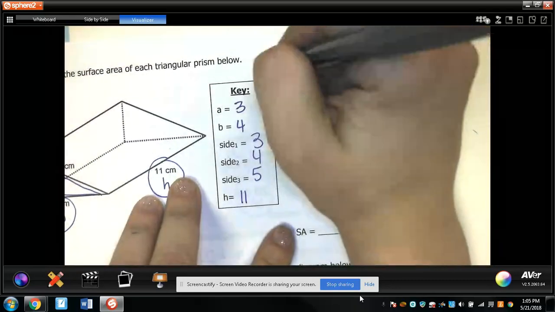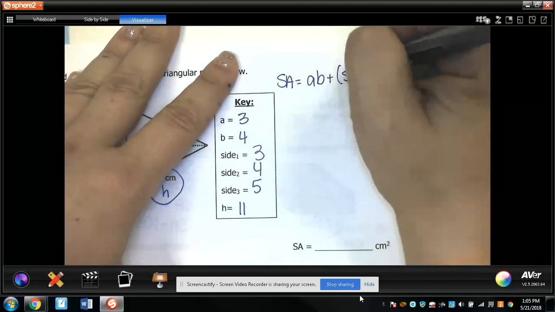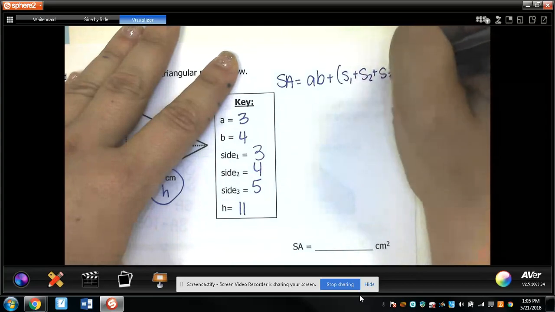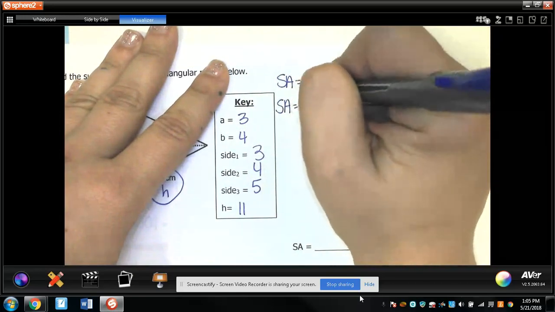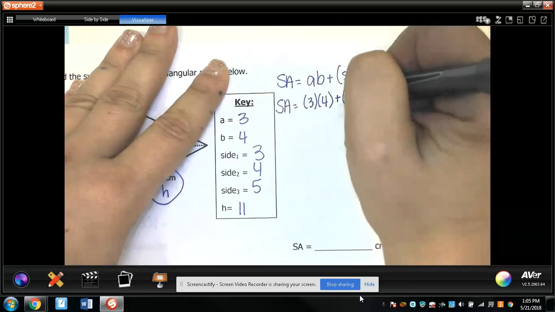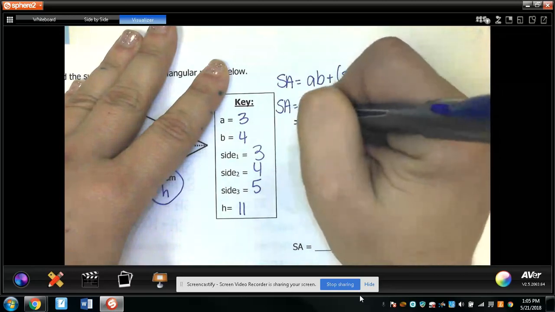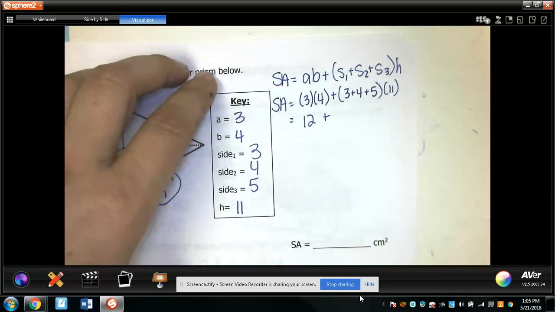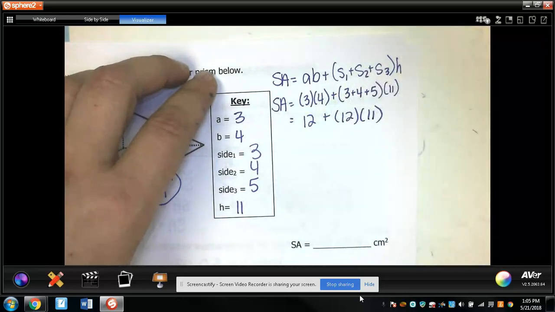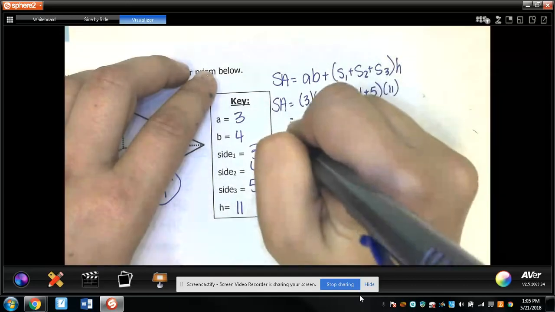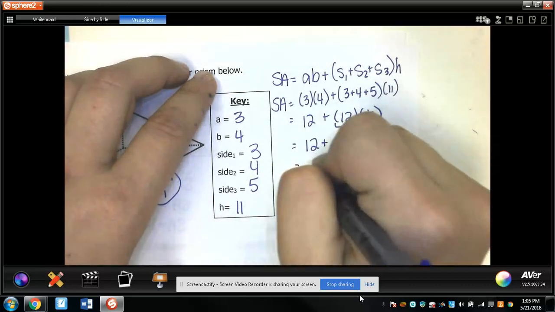So surface area equals AB plus the sum of all of the sides times H. So I'm going to start plugging in. 3 times 4 plus 3 plus 4 plus 5 times 11, which is 12 plus, let's see, 3 plus 4 plus 5, which is 12 times 11. 12 times 11 is 132 plus 12, 144.